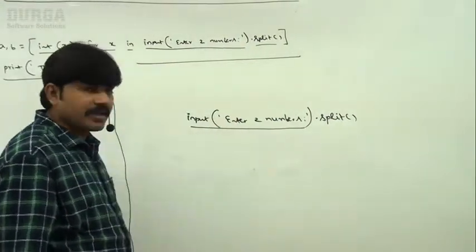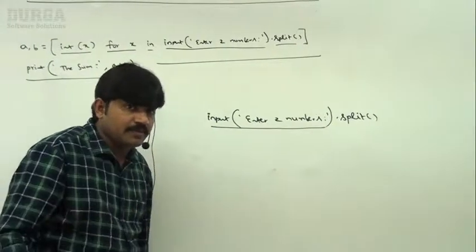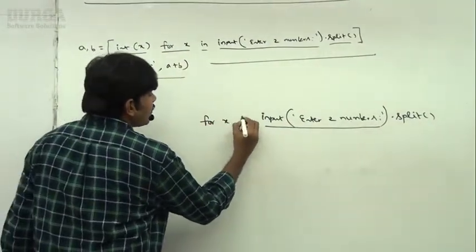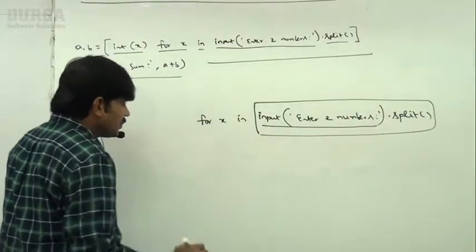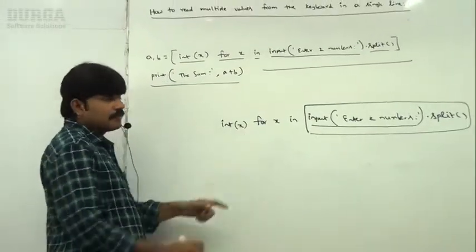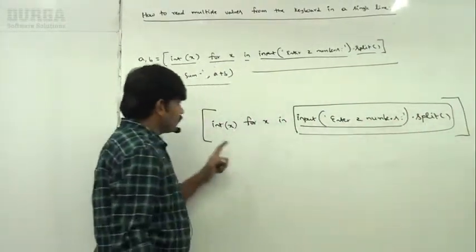Now we are getting a list, but in this list every value is what type? String type. That's why, for each x in this list, can you please typecast to int type? Sir, I want both values in list form.